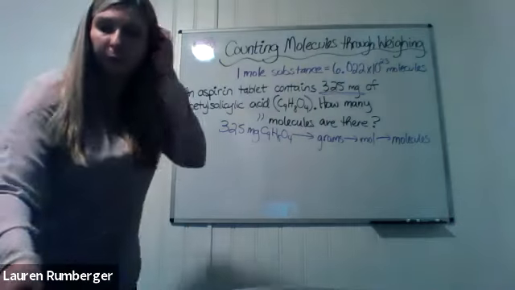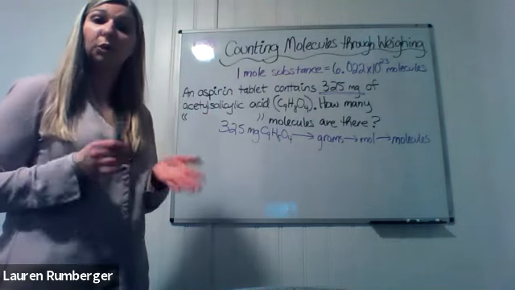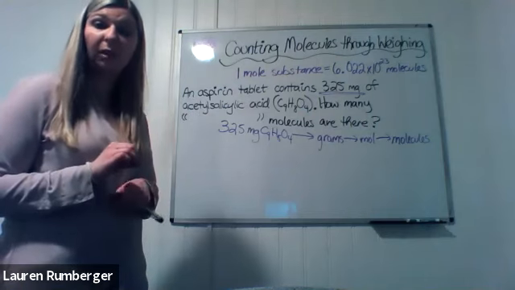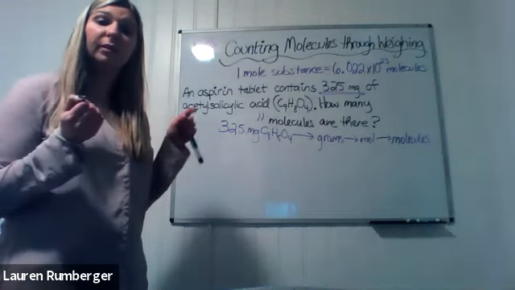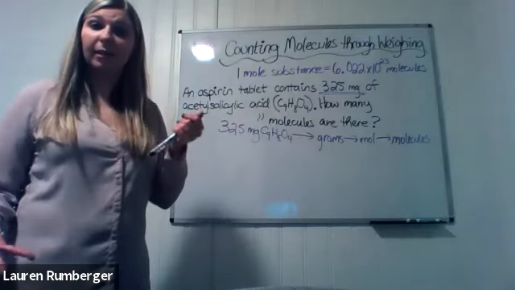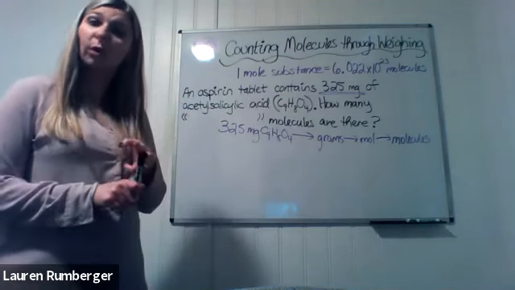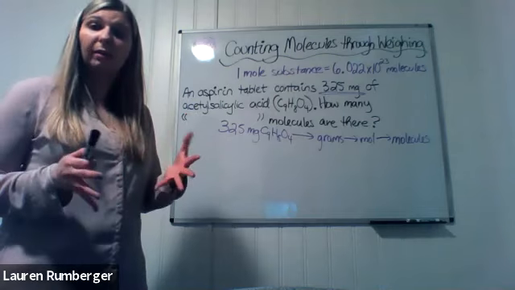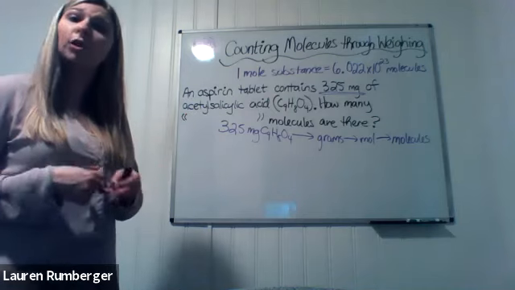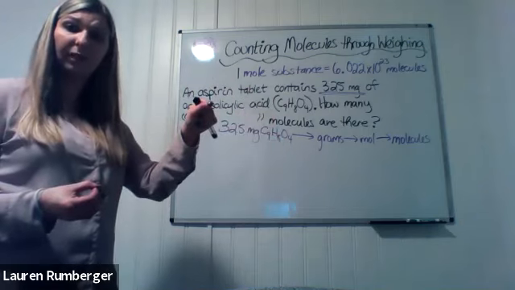Now, if we're going to be converting between grams and moles, we said we need molar mass. So we need to calculate the mass of the elements that make up our active ingredient, acetylsalicylic acid. That's 9 carbons, 8 hydrogens, and 4 oxygens. At this point, we should be familiar with how to add together those masses by looking at the periodic table, so I'm not going to show that entire calculation since I showed it in the previous slides.